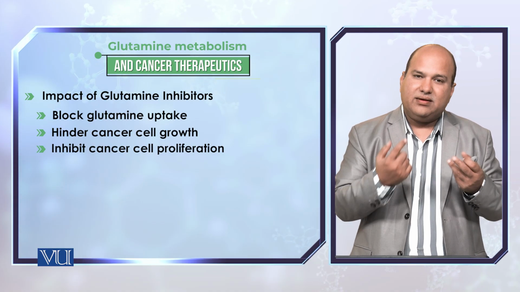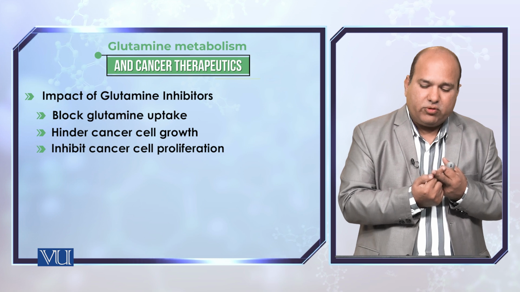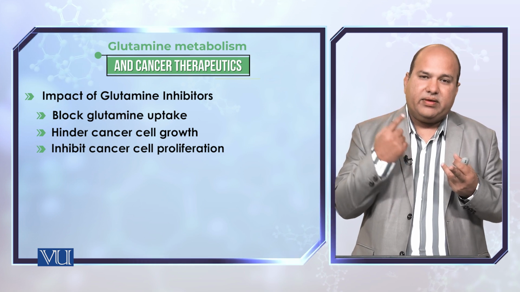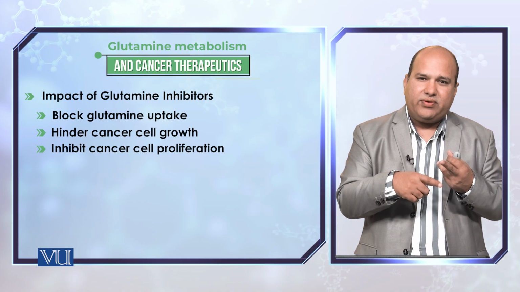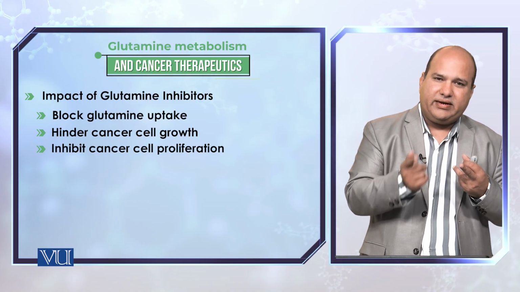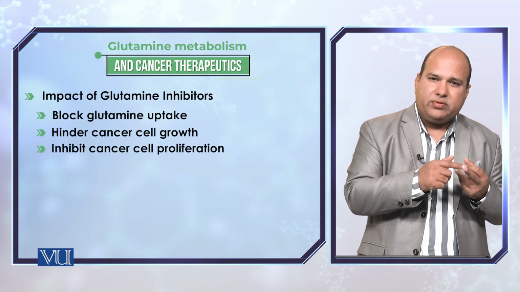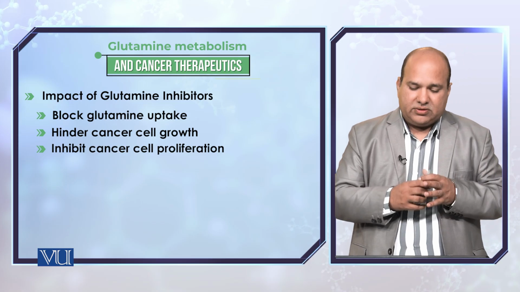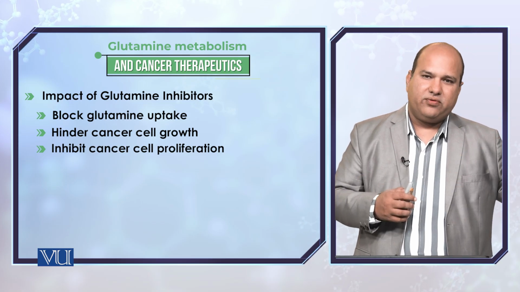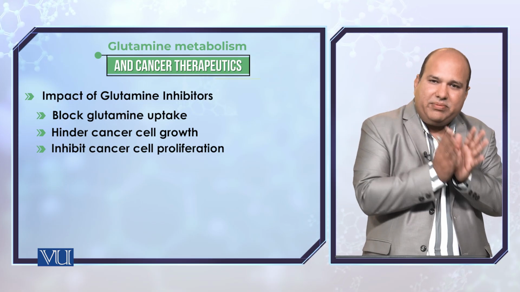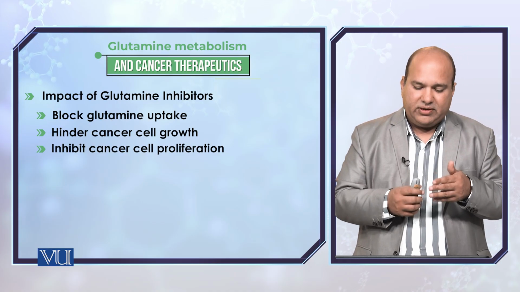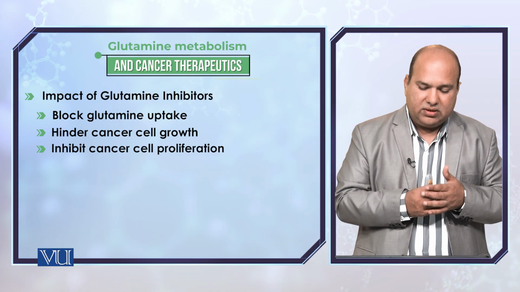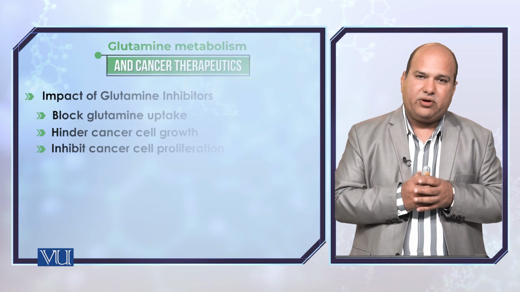For instance, you can block the intake of glutamine. You can block the enzymes involved in the conversion of glutamine into glutamate and so on. Ultimately, because of the inhibition of this glutamine metabolic pathway, you can hinder cell growth and inhibit cell proliferation.